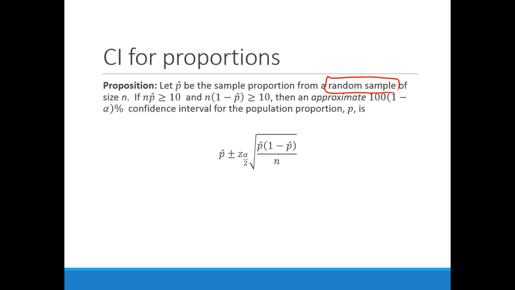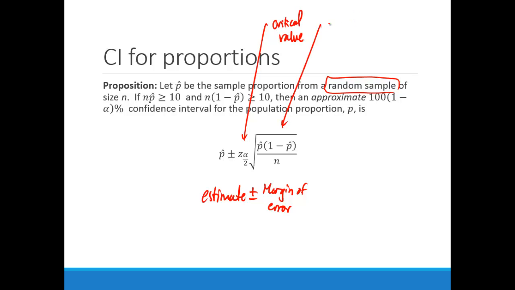Again, this is still the estimate plus or minus a margin of error. And the margin of error is our critical value times our standard error. So it's the same setup as what we saw before. We're just talking about a proportion now, so the formula is slightly different.